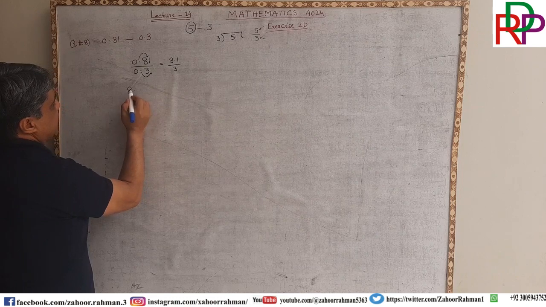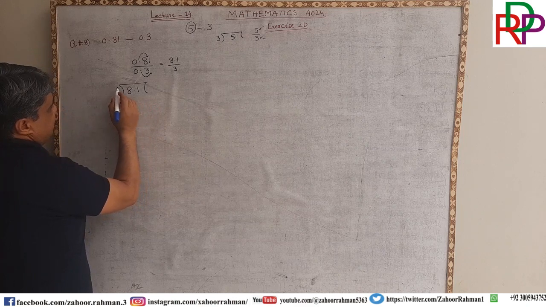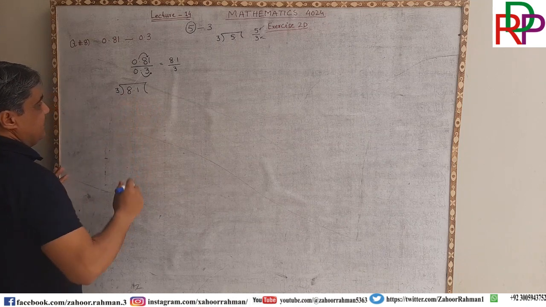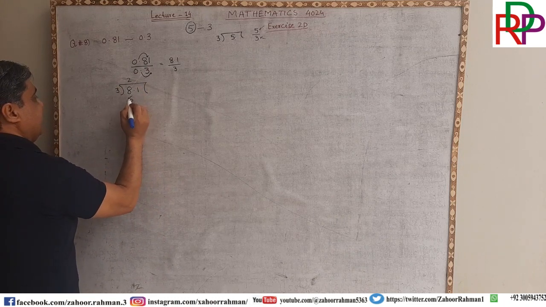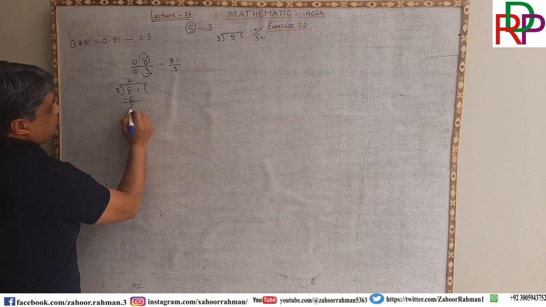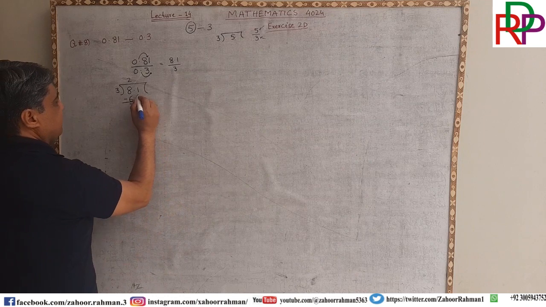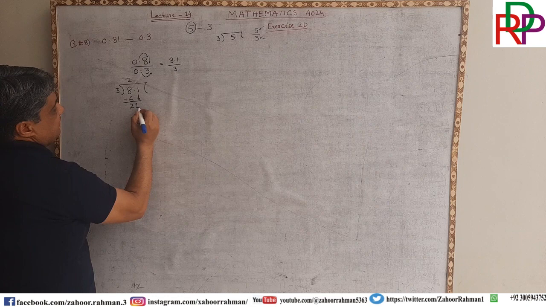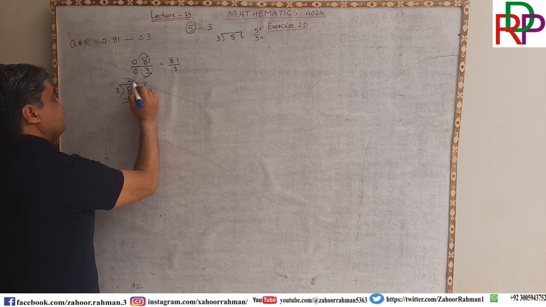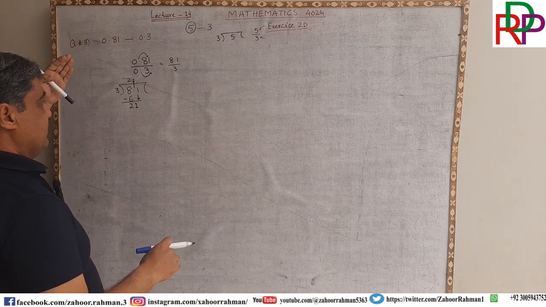Now I am writing 8.1 inside the division symbol, and 3 is outside. 3 twos are 6, and when we subtract this, 2 will come in its place, and we bring down this 1. Then the decimal will also go up to its position in the answer.